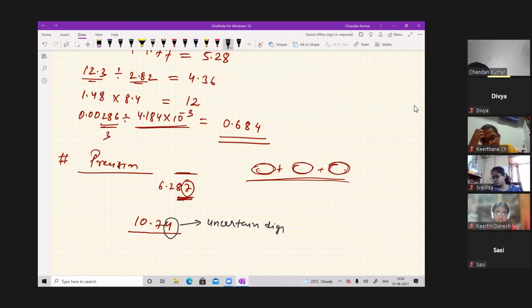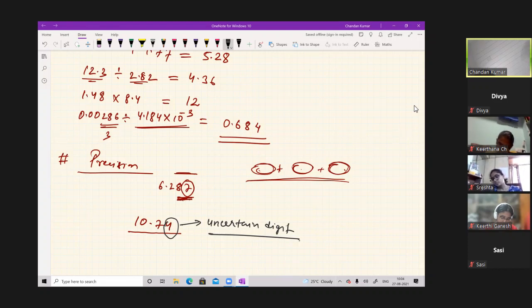Sometimes they will ask you why find the uncertain digit. Always remember, it's not a big deal. We can always find the uncertain digit just by looking at the number.